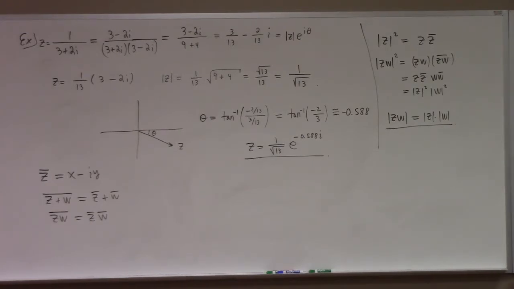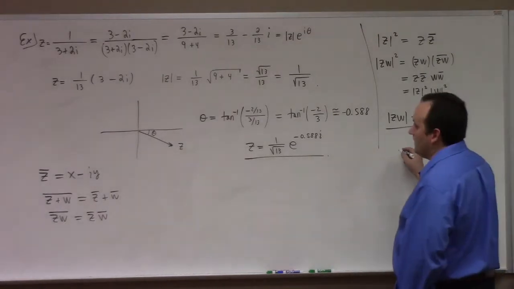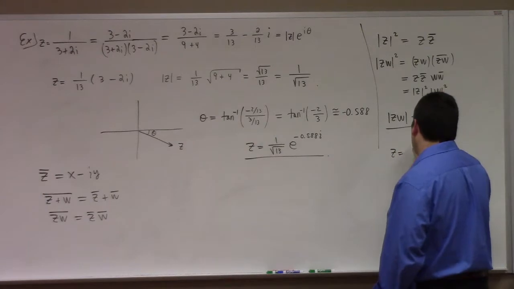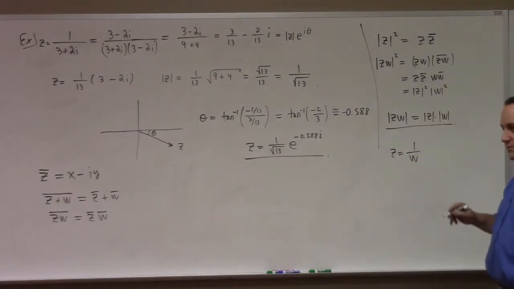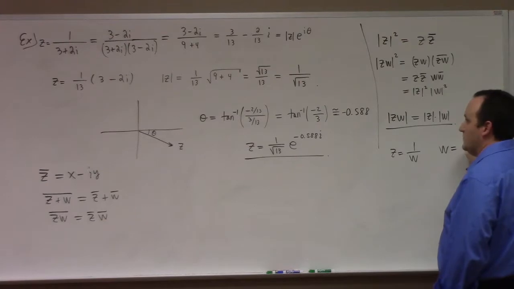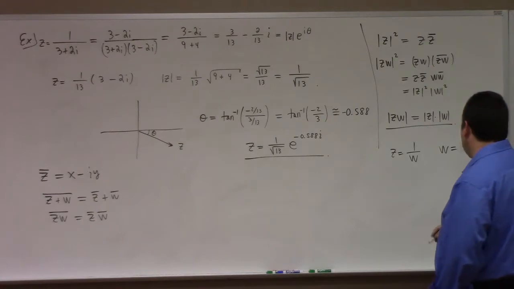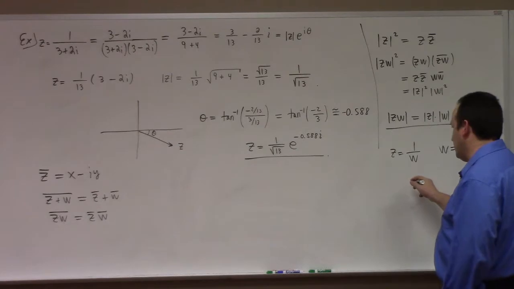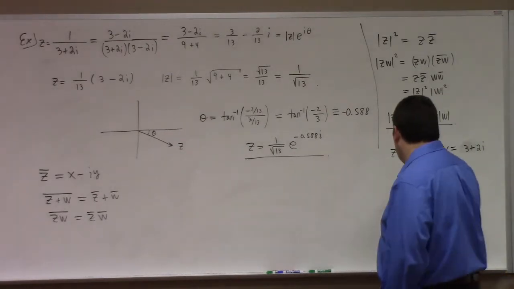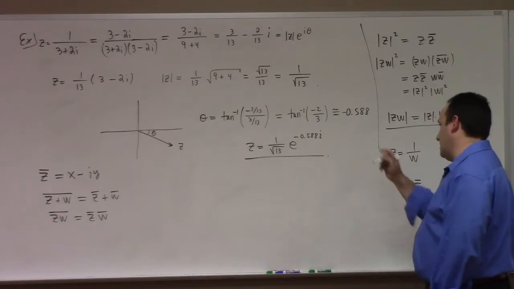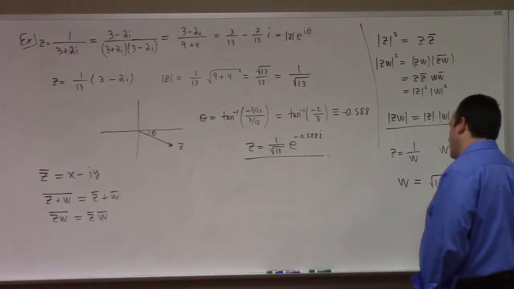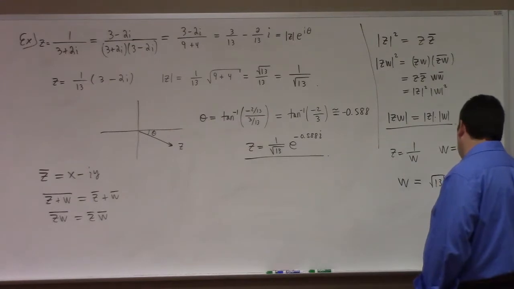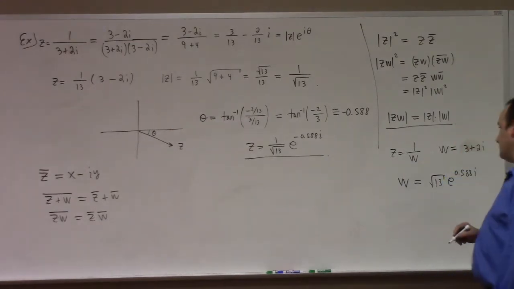Anyway, there's another way we could have looked at the last example, right? We could also look at that as z is equal to 1 over w, where w is 3 plus 2i. And so I could tell you without further calculation that w in that previous example would be root 13 e to the 0.588i, right?